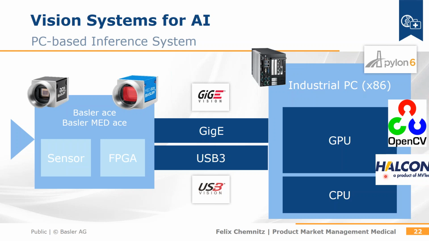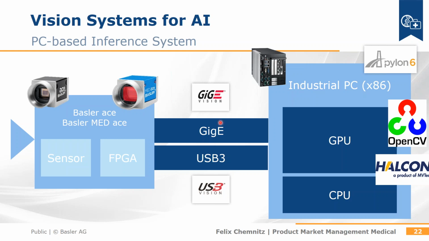This also has hardware acceleration where you can make use of the GPU directly from this host software. OpenCV is free and open source software, whereas Halcon is a commercial product and you need to buy it.